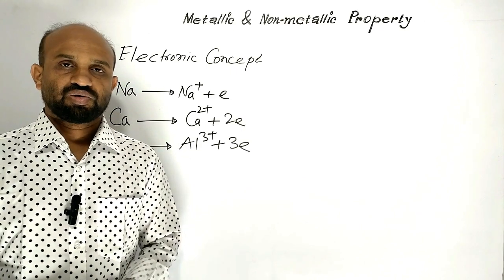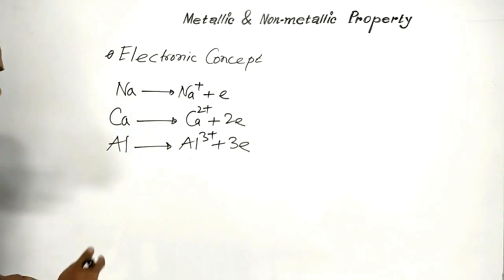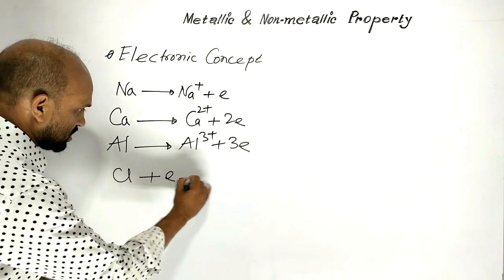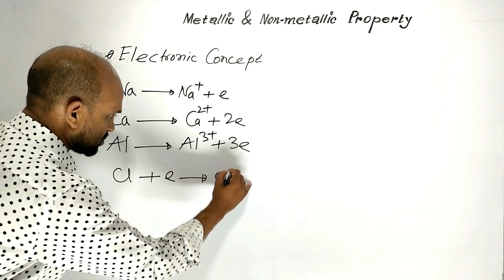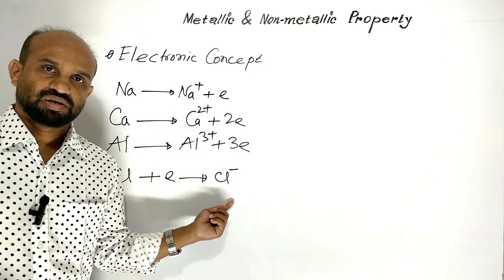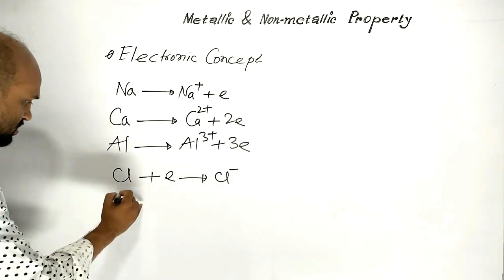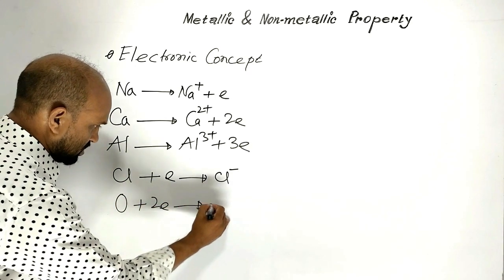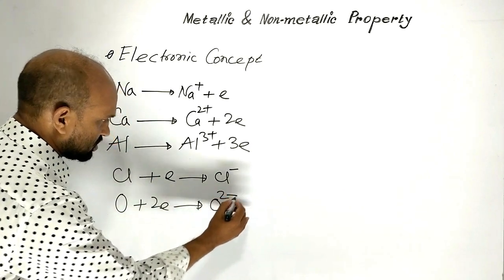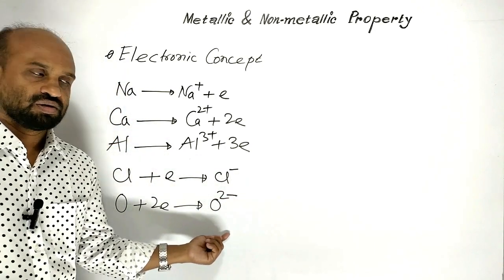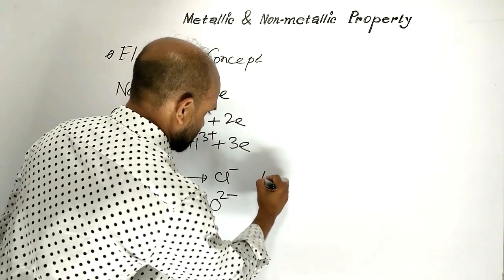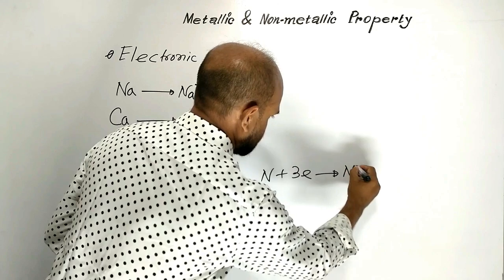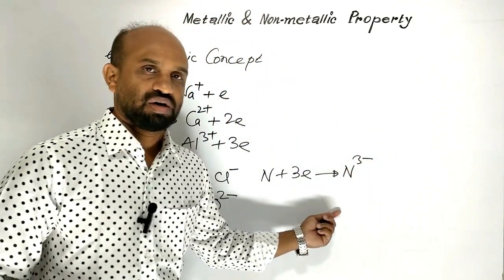Now let's see about non-metals. We know chlorine accepts electron during chemical reaction. Again, oxygen accepts electrons during chemical reaction. Again, nitrogen accepts electron and nitride ion is formed.